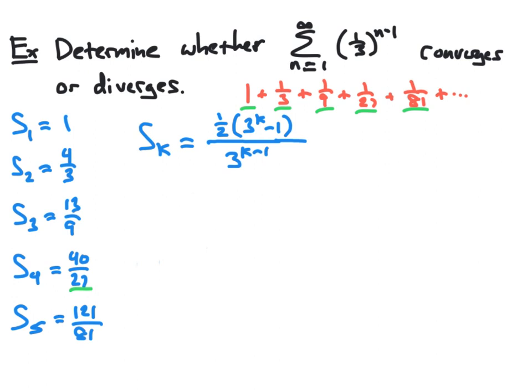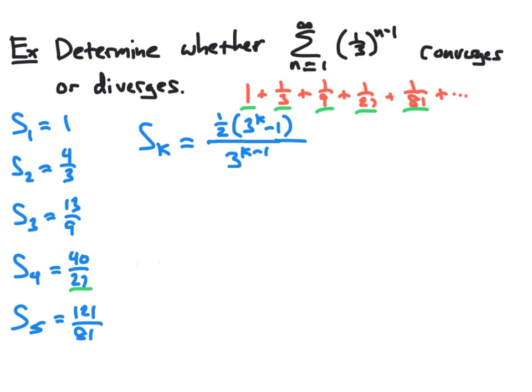Now, again, this would be a little bit difficult to find in general, but let's take for granted here that we have found this formula for our kth partial sum of this particular series.